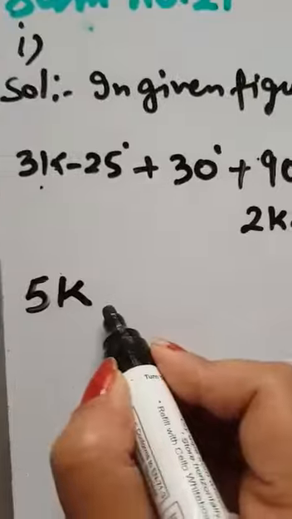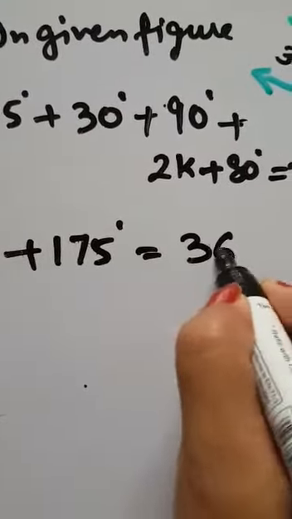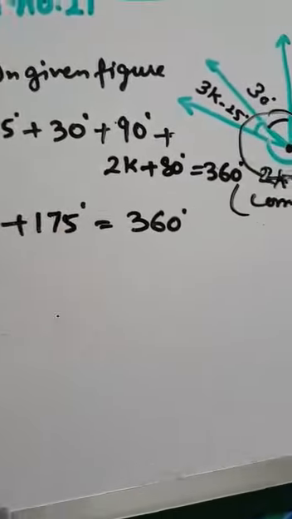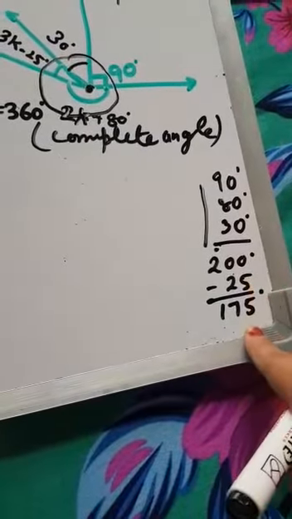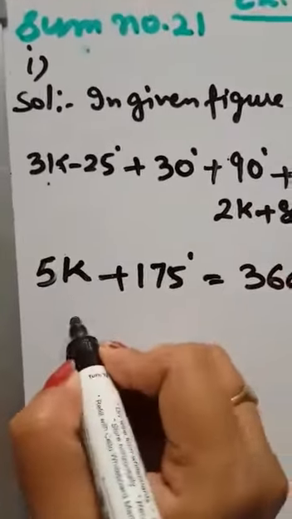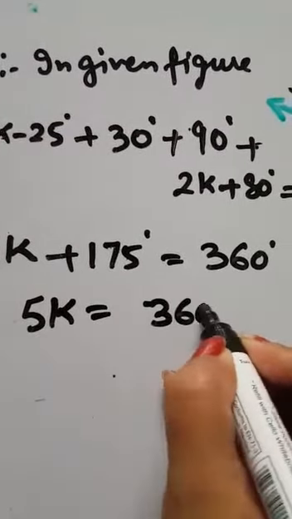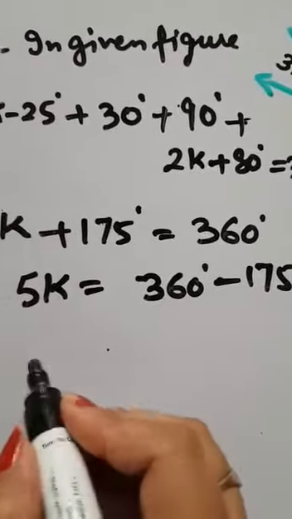So 5k plus 175 is equal to 360. Did you get where this 175 came from? I have added all the positive angles and then the negative was 25, I have subtracted that. Now 5k will remain here because I want the value of k. 360 minus 175, positive, it will be shifted there.